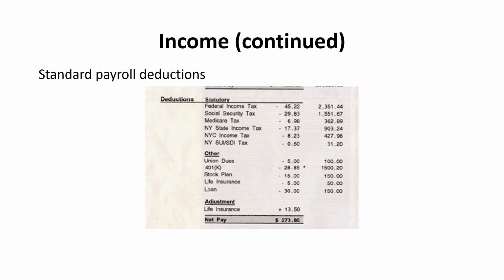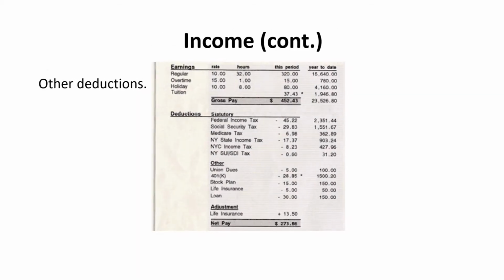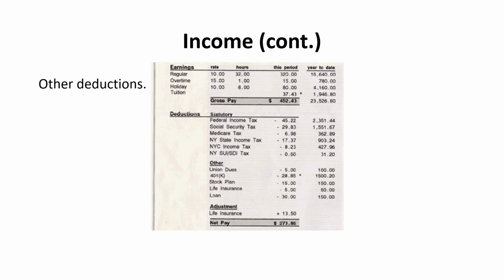There may also be voluntary payroll deductions for things such as insurance, retirement plans, or flexible spending accounts, depending on what the employer offers. Other deductions include union dues, 401k, stock plans, life and group term insurance, and payroll deduction deposits.